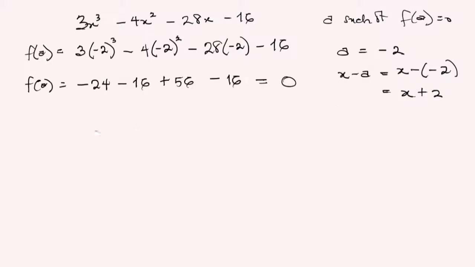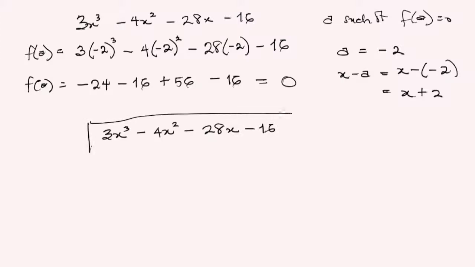Now, having learned that, the next thing to do is to divide our original polynomial 3x cubed minus 4x squared minus 28x minus 16 by x plus 2. So if we do that, 3x cubed divided by x is going to be equal to 3x squared.